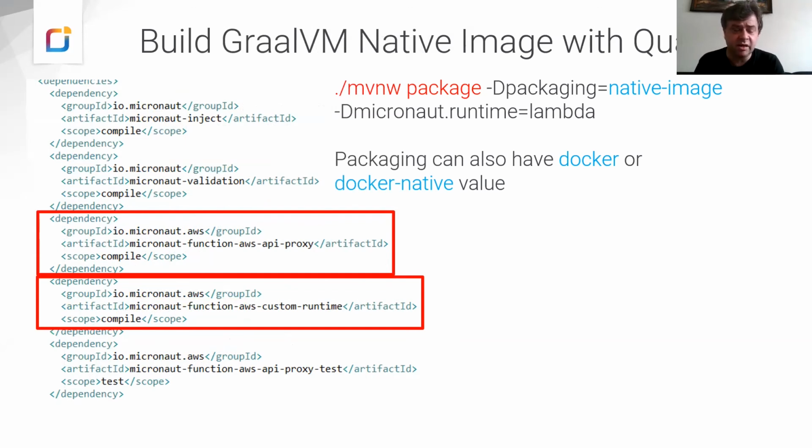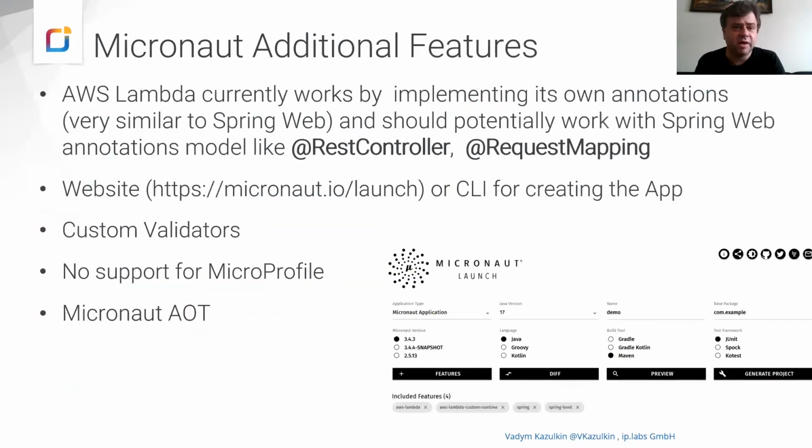The same is here. You can build the native image, but you can also build the Docker image itself, a pure Docker image or Docker native image, to isolate your environment and then provide the native image in Docker, which then contains your Lambda.